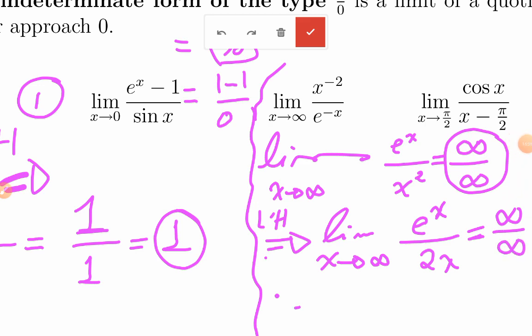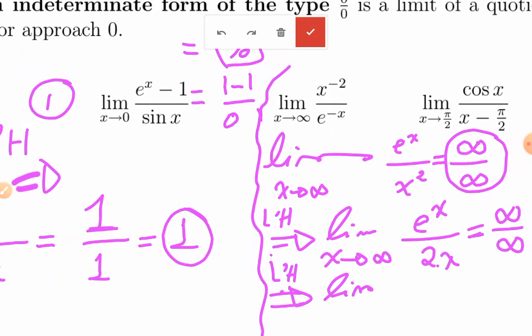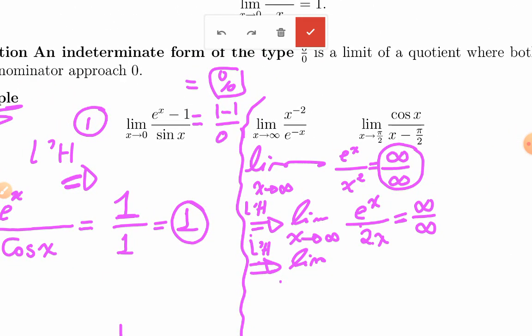Once again, we can apply the L'Hopital rule one more time: the limit as x approaches infinity of the derivative of the numerator, which is still e to the power of x, over the derivative of the denominator, which is 2.